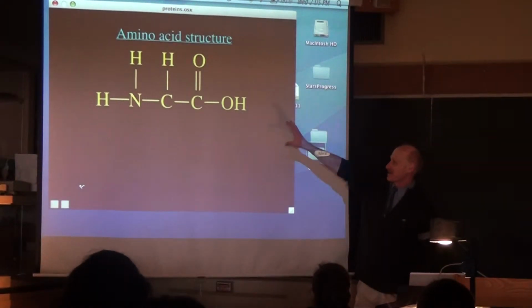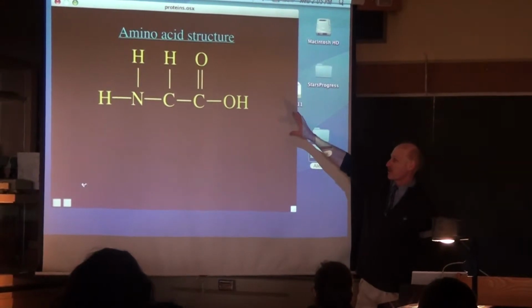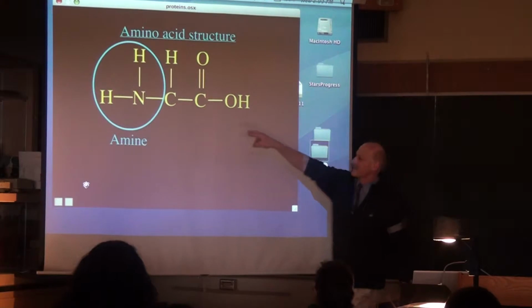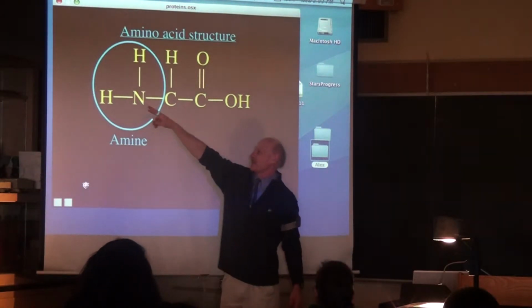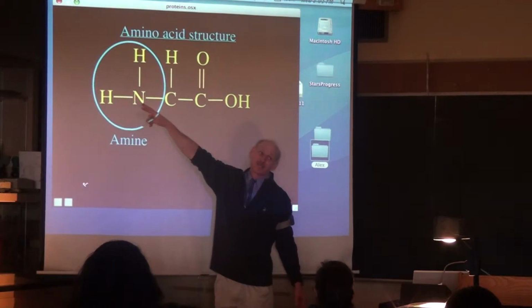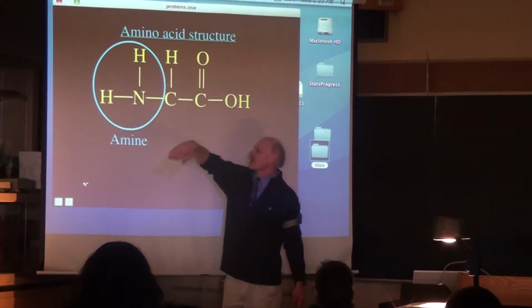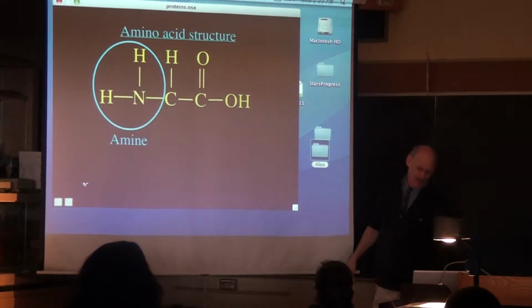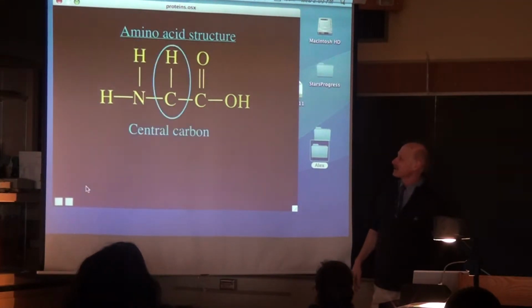All amino acids have this structure as their backbone, and it has 3 major parts. The first part here is called the amine part. It's just named after the functional group. That is, an amine functional group is a nitrogen with some hydrogens attached to it. The second part of the amino acid backbone is this carbon right here.